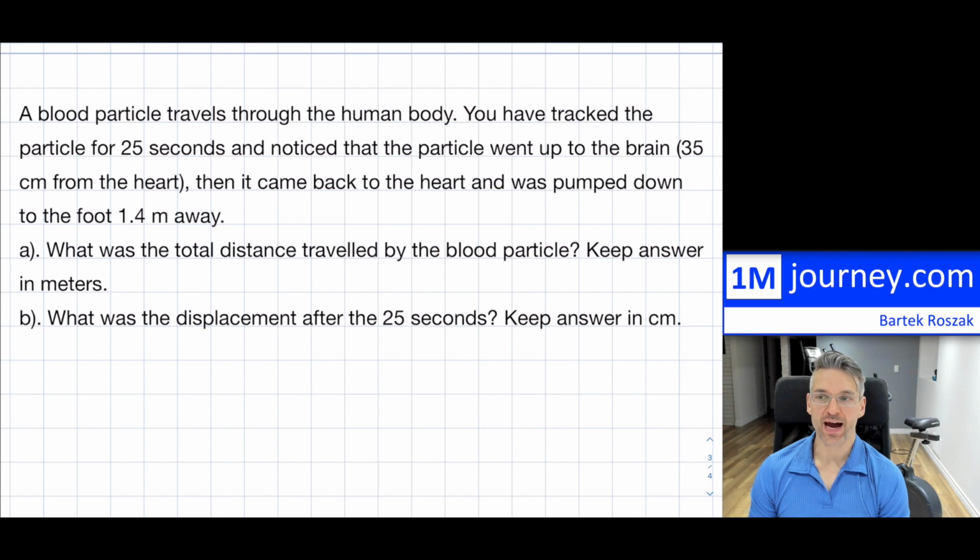You have tracked the particle for 25 seconds and noticed that the particle went up to the brain, which is 35 centimeters from the heart. Then it came back to the heart and was pumped down to the foot, which is 1.4 meters away from the heart.